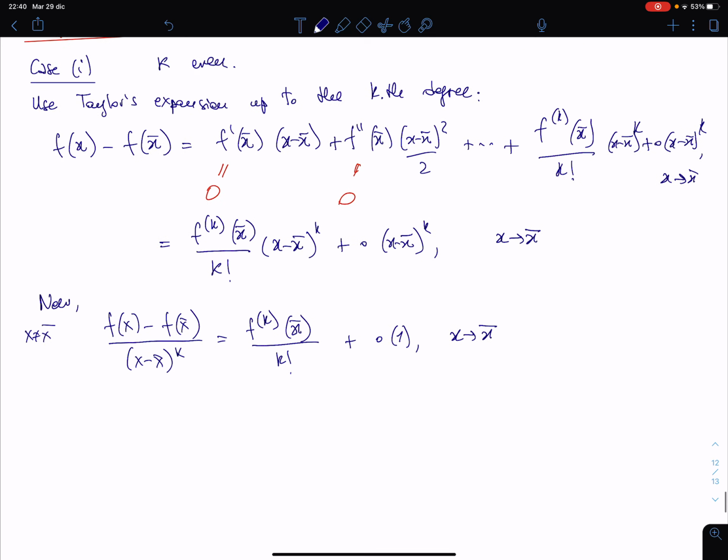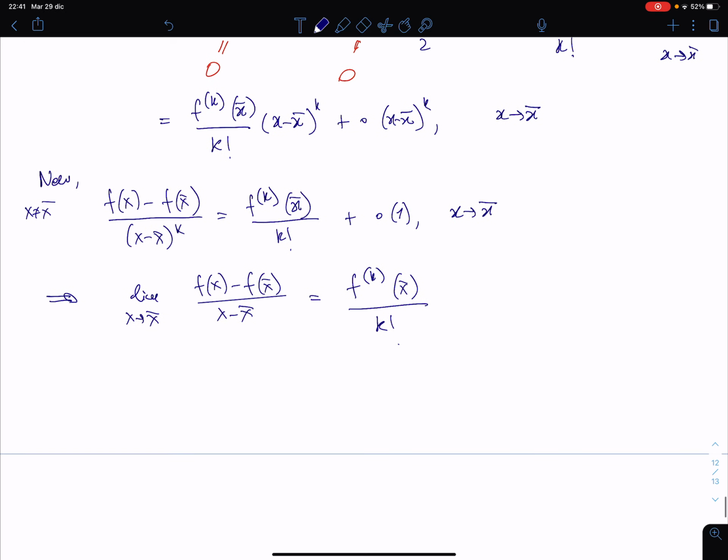This means that the limit for x going to x bar of the first member of this equality, f(x) minus f(x bar) divided by (x minus x bar) to the k, sorry, this is x minus x bar to the k, is equal to f^(k) of x bar divided by k factorial.